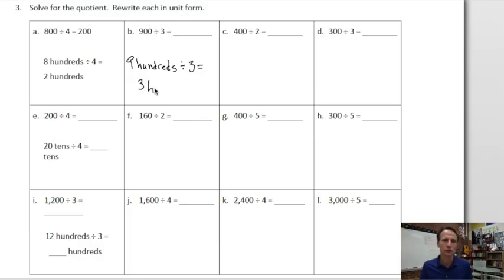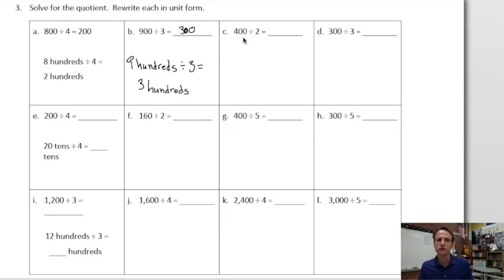See, I like doing the unit form first, because I think that helps you see the answer better. So 3 hundreds in standard form is 300. Doing the unit form first prevents you from making careless errors like just writing 3 or 30 or something else for this, or even 9. Okay, 9 hundreds divided into 3 equal groups is 3 hundreds in each.